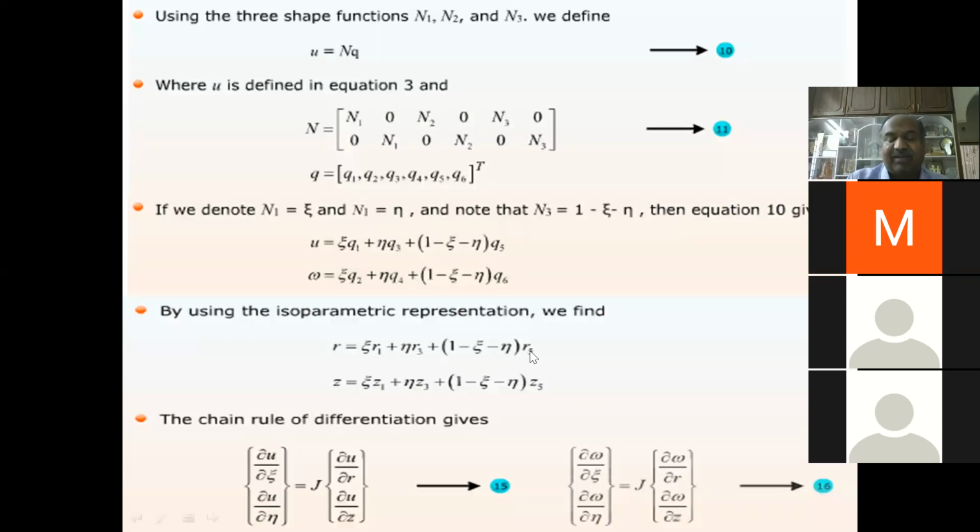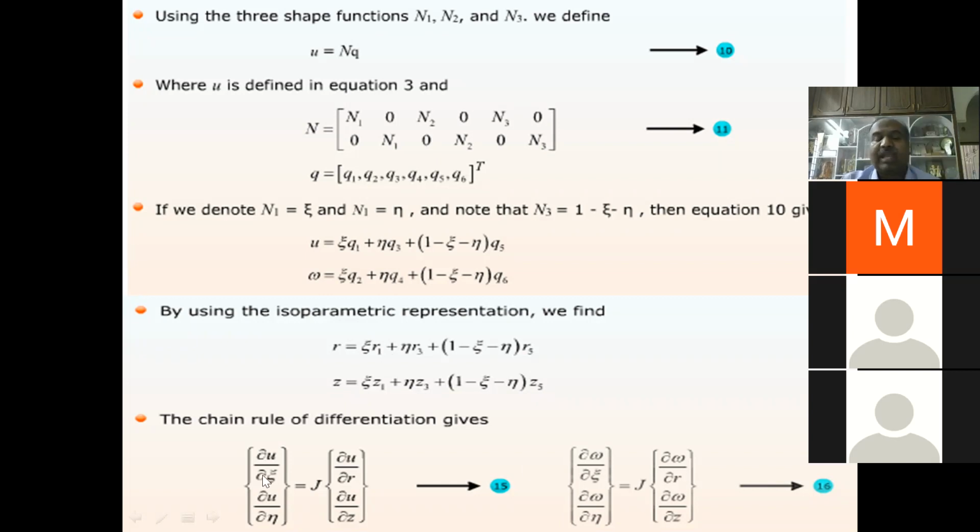Not necessary to have the extra 3 here, because when you say 1, 2, 3, there are only 3; that correction you can change. R1, R2, R3. Similarly, Z equals xi Z1, eta Z2, (1 minus xi minus eta) Z3.